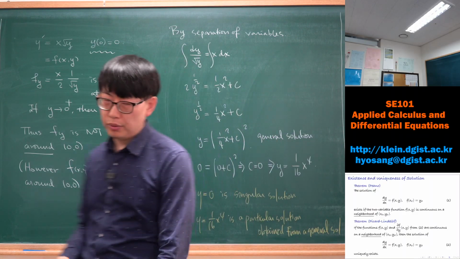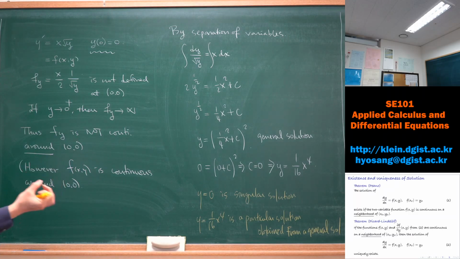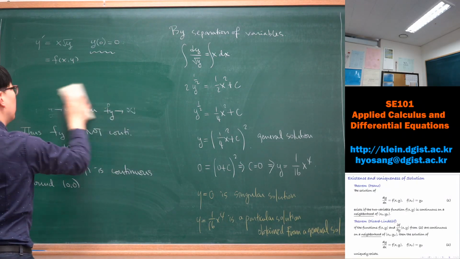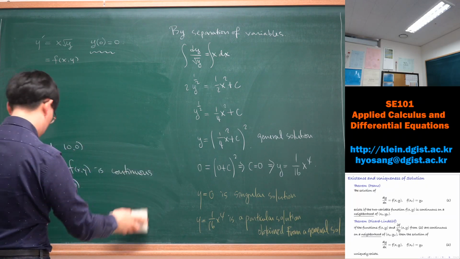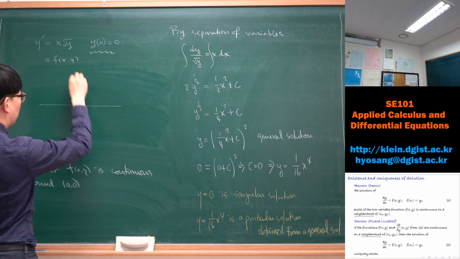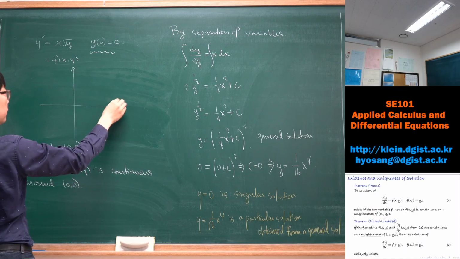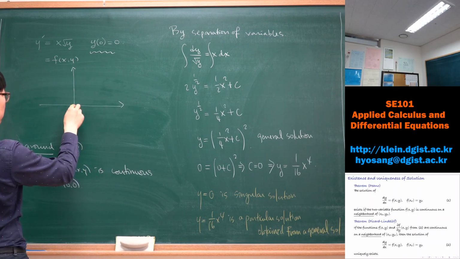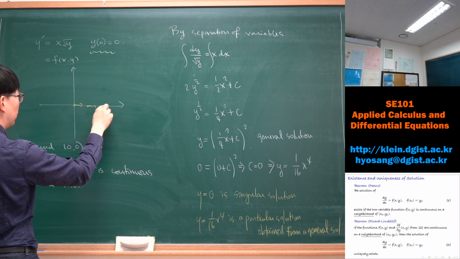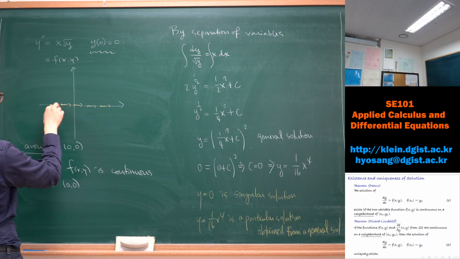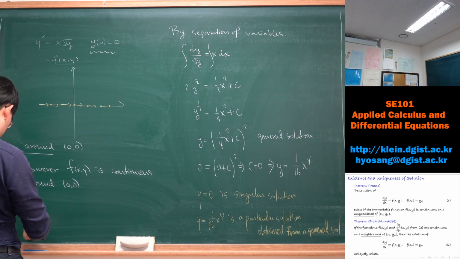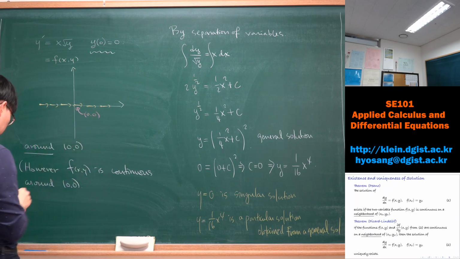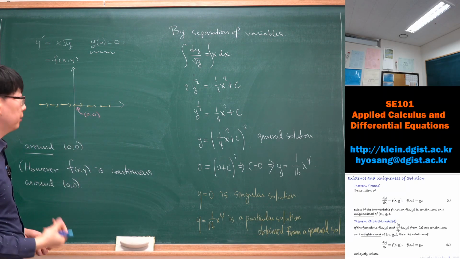Two solutions both pass through the point 0, 0. So when you draw the directional field of this differential equation, if you want your solution to pass through this origin 0, 0, there are two types of solution.